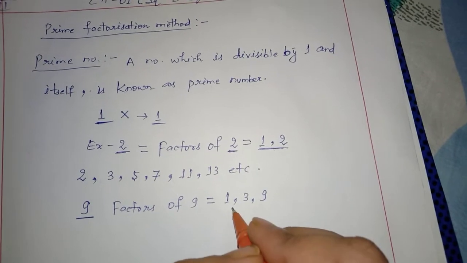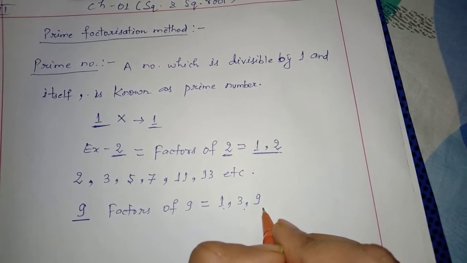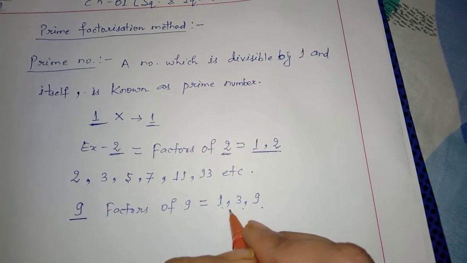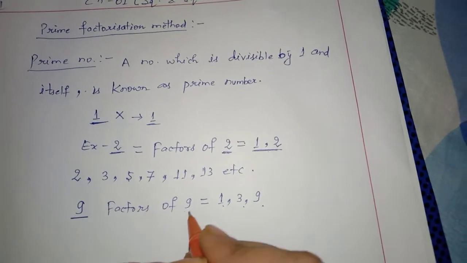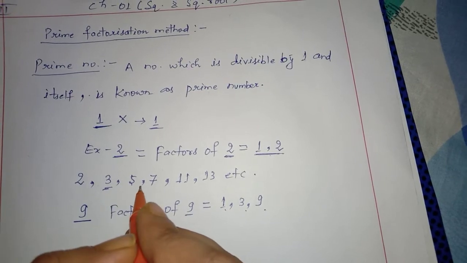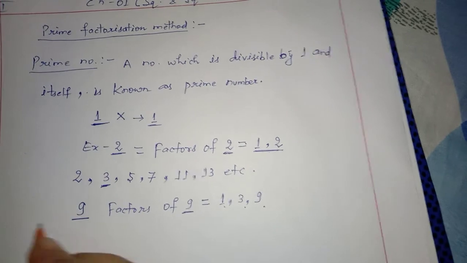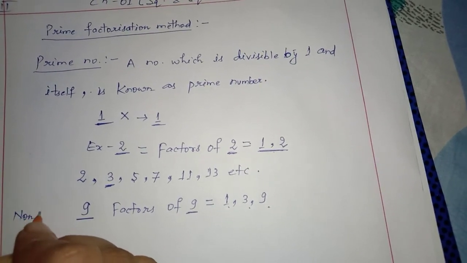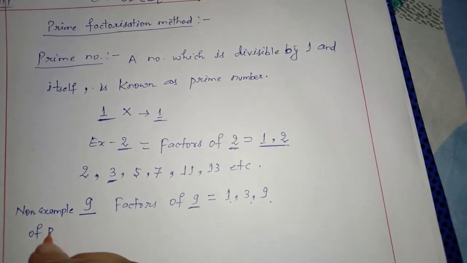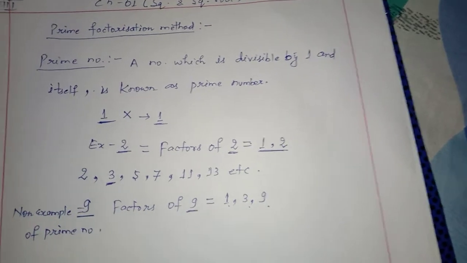So 9 has 3 factors, but for a prime number only 2 factors are needed. If we take 3 in place of 9, then 3 has only 2 factors, 1 and 3. So 3 is a prime number, but 9 is not. This is a non-example of a prime number.